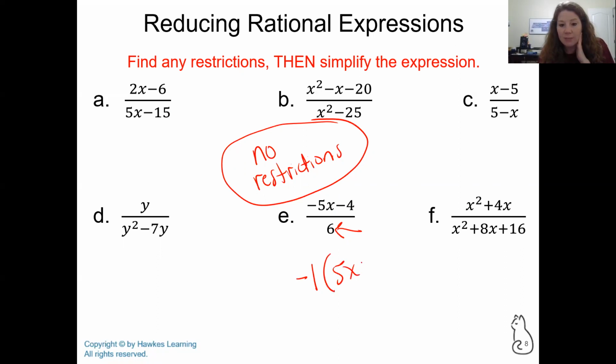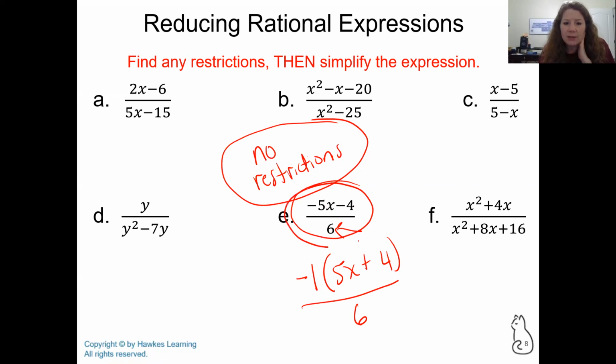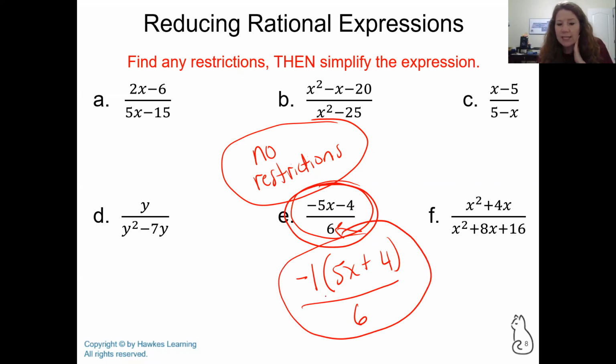So I'd get 5x plus 4 over 6, which doesn't simplify. So either I would leave it in this form right here. This is the simplified answer. Or even if I wrote it like this is acceptable. These are equivalent. I just wouldn't need to do this because nothing cancels. So either the original answer is fine or this answer is fine. Either way, nothing simplifies and there are no restrictions on that one.